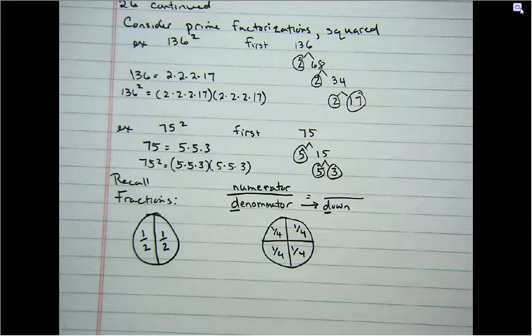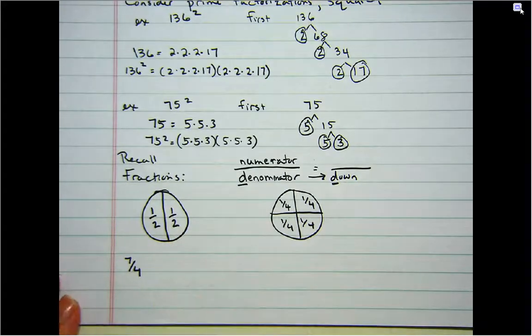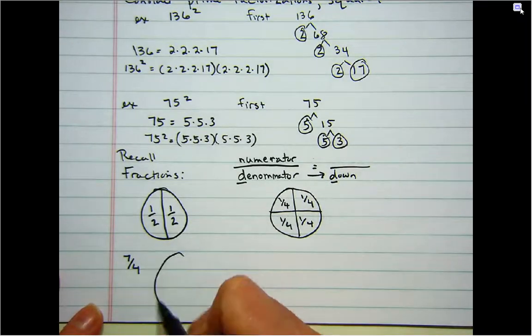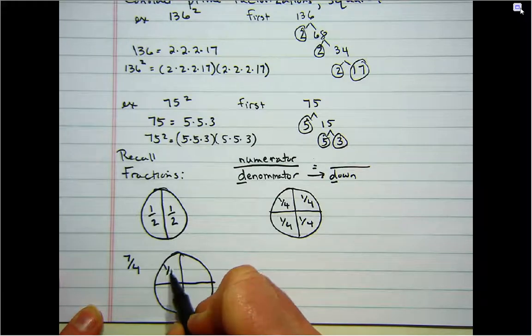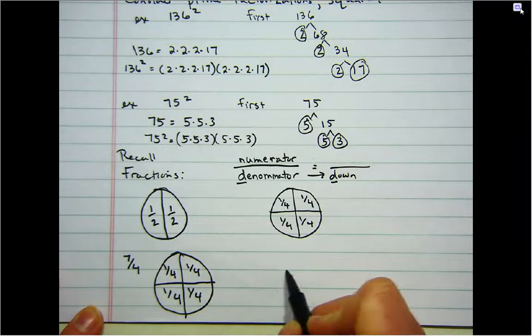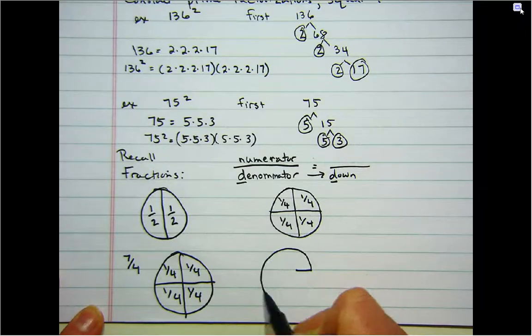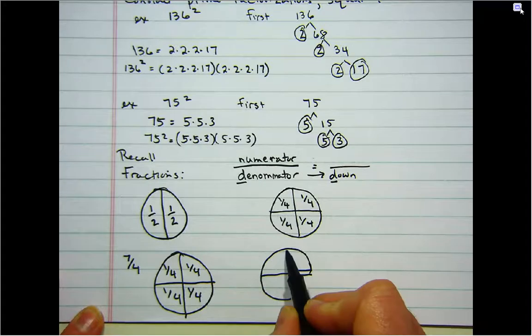And then the numerator tells how many of those pieces you had. So for example, if we have 7/4, then we have 7 of these 1/4 of a whole. So we have 4 in one circle. Oh, that doesn't look good, does it? Oh dear. Pretend that's a better drawing.